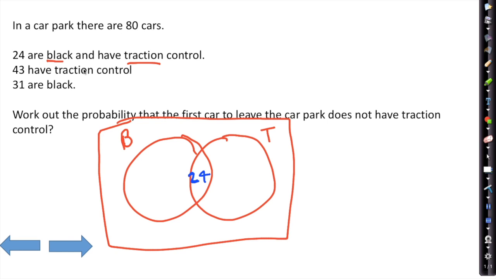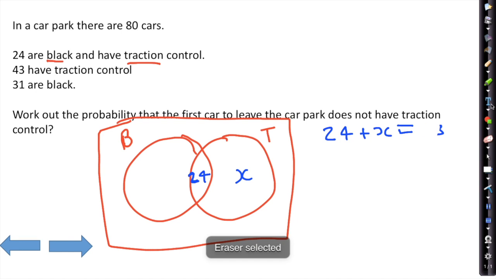43 have traction control, so let's call this X, because we know that 43 is the total of 24 plus x. 43 have traction control, so that must be these two added together. 31 are black, so let's call this y.